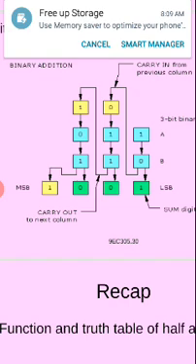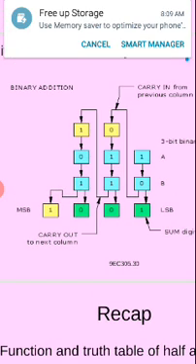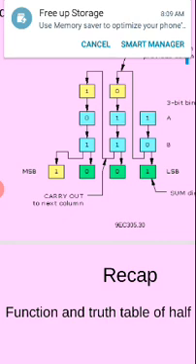There 1, 0, 1 need to be added. That becomes 1, 0 again. 0 remains here and carry 1 is forwarded. MSB is the 1. Carry out to the next column.